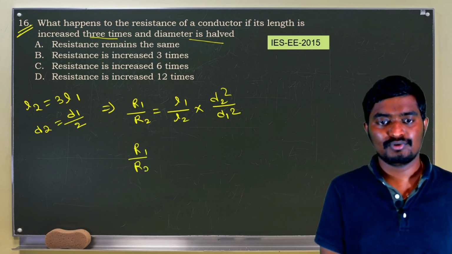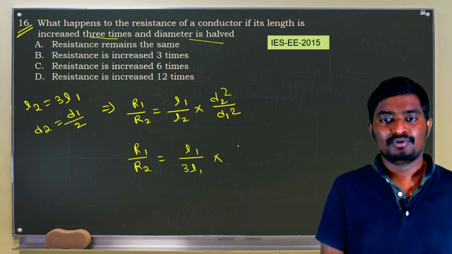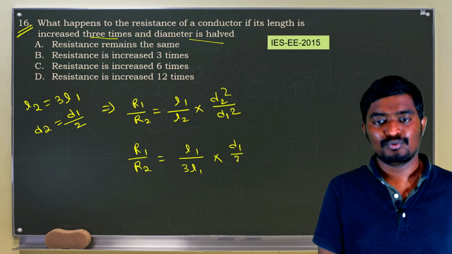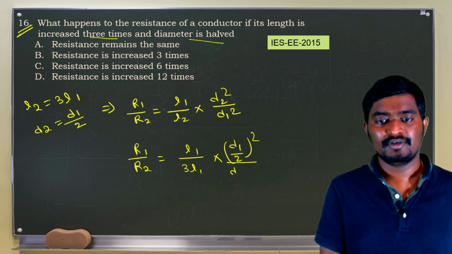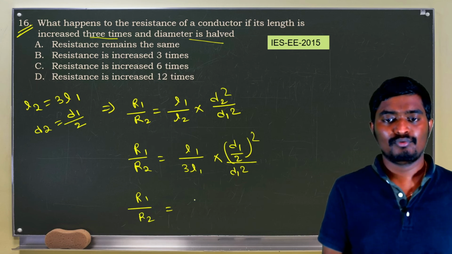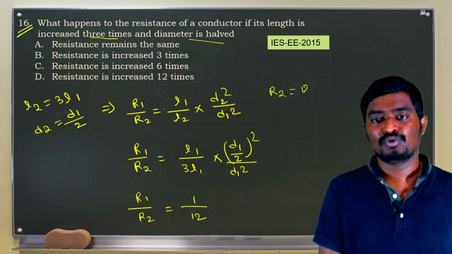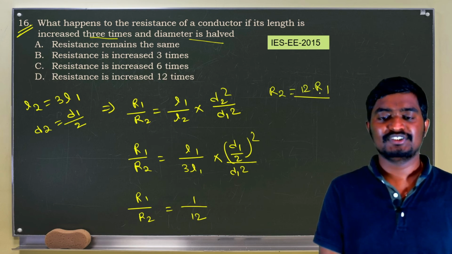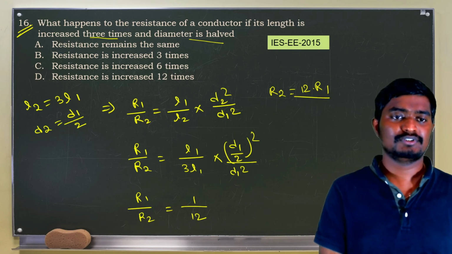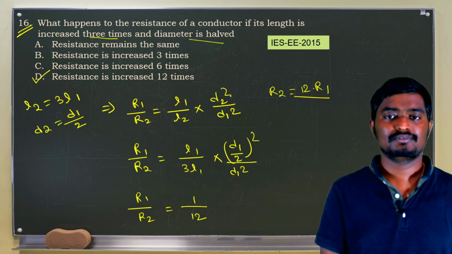R1 by R2 equal to L1 divided by 3L1 into (d1 by 2) whole square divided by d1 square. Then we will get R1 by R2 equal to 1 by 12. So resistance R2 equal to 12 times of R1, which means resistance is increased by 12 times. When you look into the options, option D is the correct option.